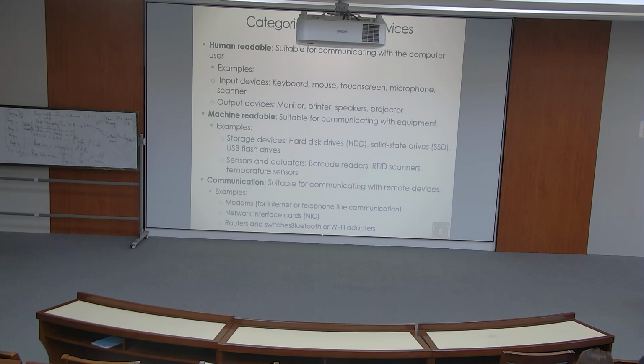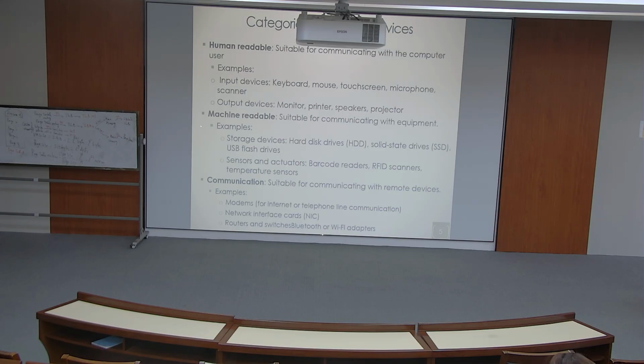The second category of external devices is what we call machine-readable external devices. Those devices are suitable for communicating with equipment. We have, for example, the storage devices, which include HDDs, hard disk drives, or solid-state drives, SSDs.